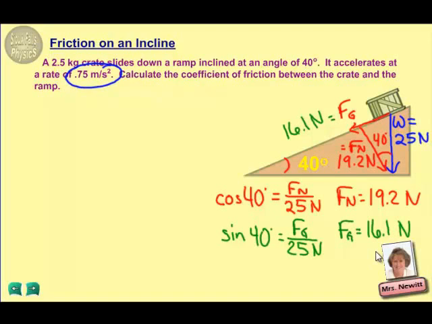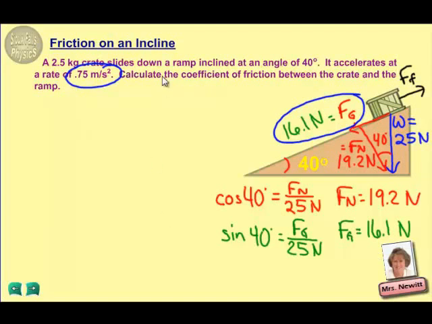If we think about the crate sitting on the ramp, the part that is pulling it down the ramp is this component here. 16.1 newtons is pulling it down the ramp. But it does have a certain amount of friction in the opposite direction that is acting against it. Now, because it is accelerating, we know that that friction is smaller than the 16.1.